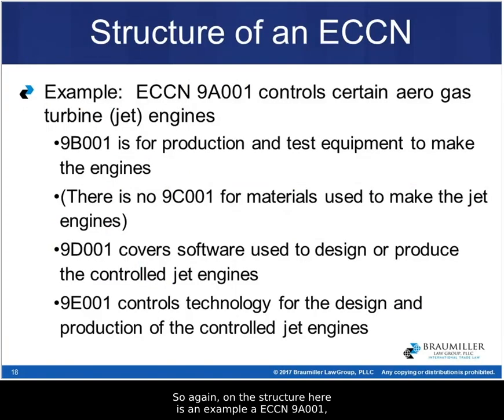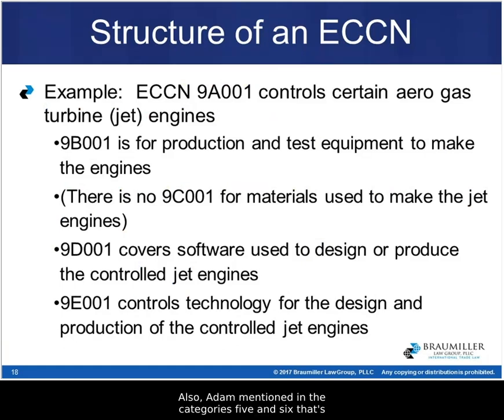So again, on the structure, here's an example, ECCN 9A001. Under category 9, that is aerospace and propulsion. The next character, A, indicates systems, equipment, and components, so it's an actual end-use article. Then we see that 0. When you see a low number in that third character position, typically the lower that number, the stronger the control. 0 stands for national security reasons as the reason for control.